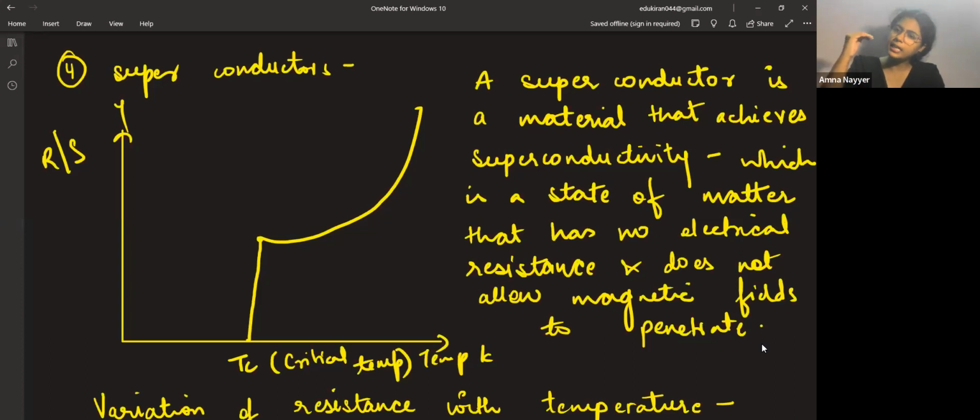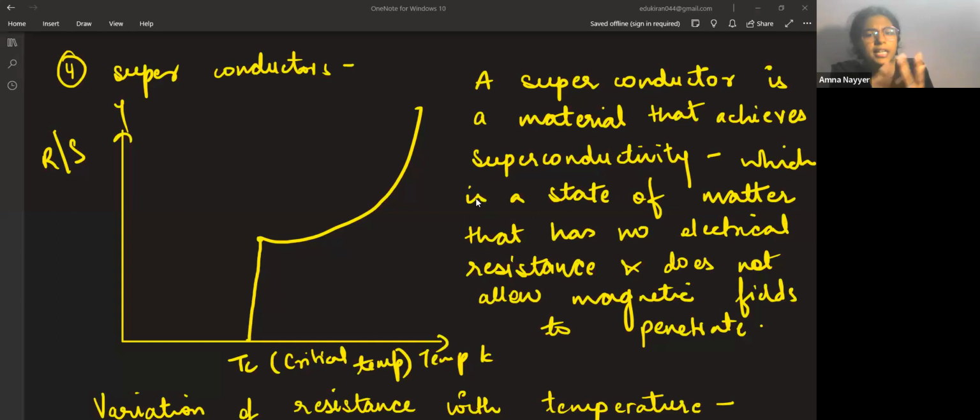Once that critical temperature is achieved, there is a sharp inclination and variation in the graph. Those materials are called superconductors. So what exactly is the definition? A superconductor is a material that achieves superconductivity. Superconductivity means a very small amount of resistance is present.